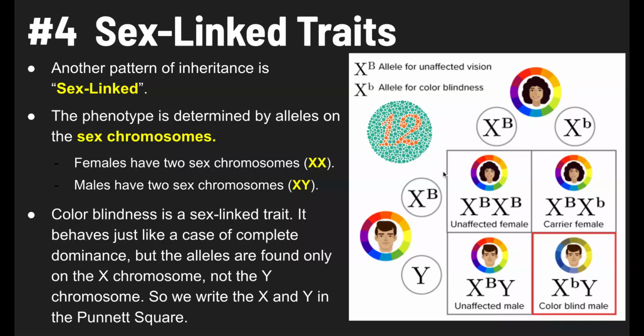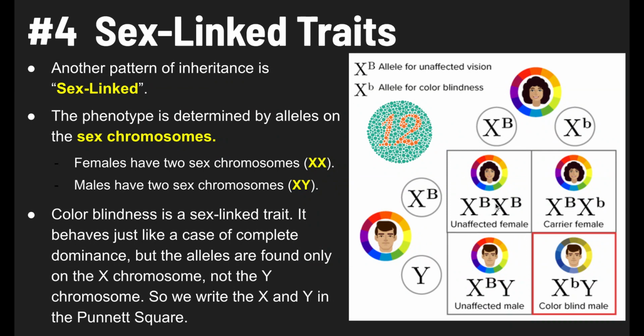Remember, I said colorblindness behaves just like a case of complete dominance. So this mother, even though she has the allele for colorblindness, that allele is recessive. It's going to be completely masked by the allele for normal vision. So the mother has normal vision and the father has normal vision.